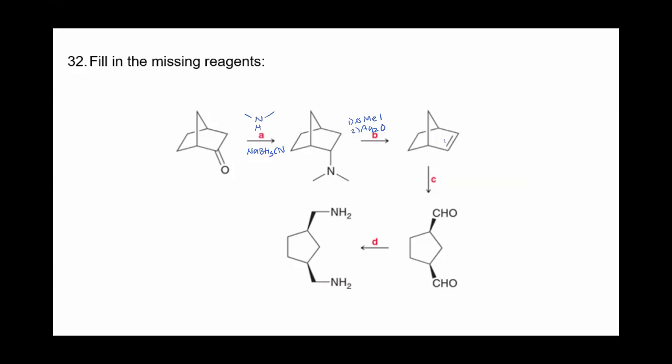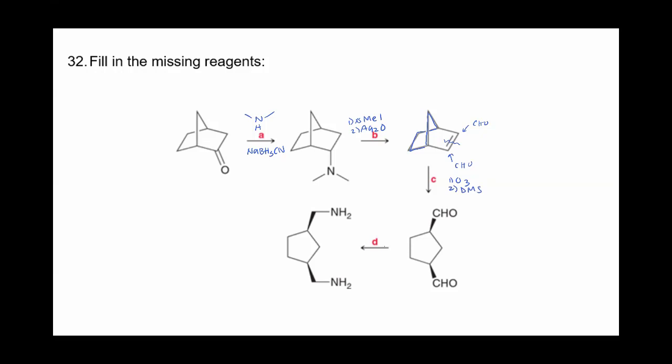And if you remember from your double bond reactions, if you cleave it, you get 2 aldehydes, and this is the 5-membered ring there. This will become a CHO, and that will become a CHO. So this is just O3 and DMS.